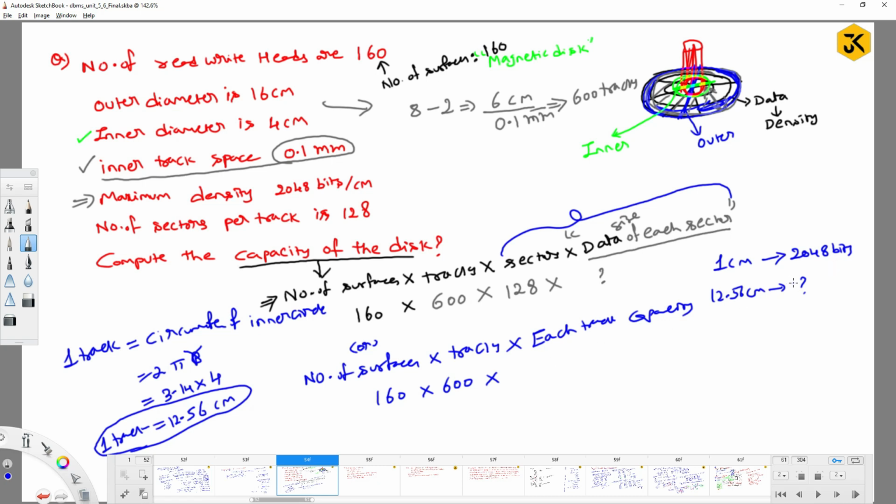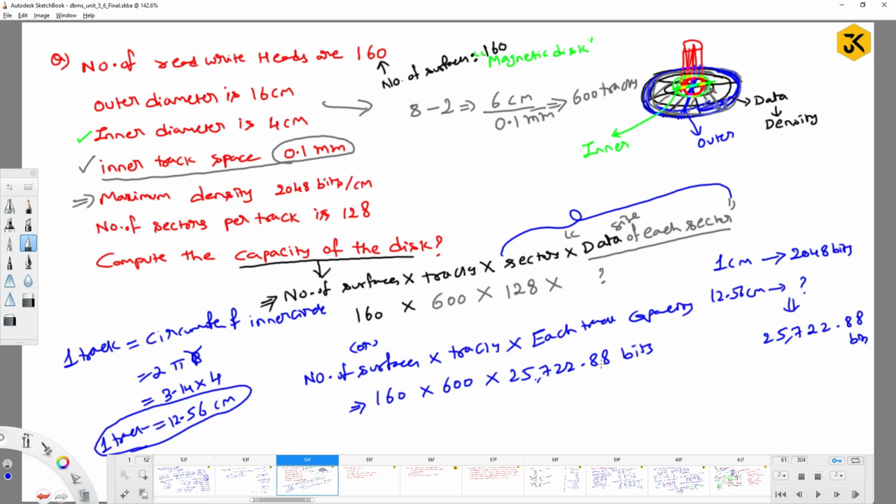What's the value you are going to get? Tell me. Around 25,722.88 bits, right? This is the total capacity of the disk.